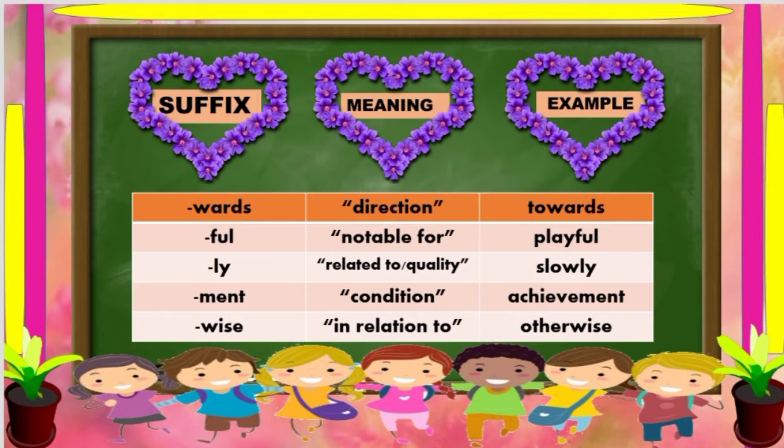Example, playful. Next is ly or y, meaning related to or quality. Example, slowly. Next is ment, meaning condition. Example, achievement. Next is wise, meaning in relation to. Example, otherwise.